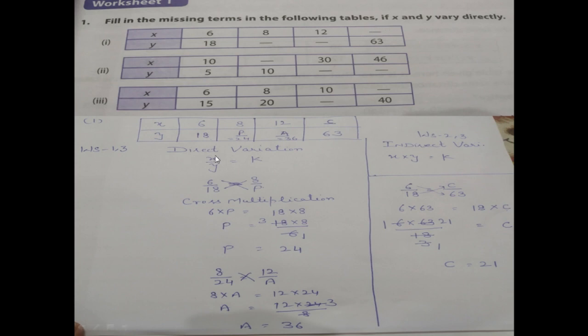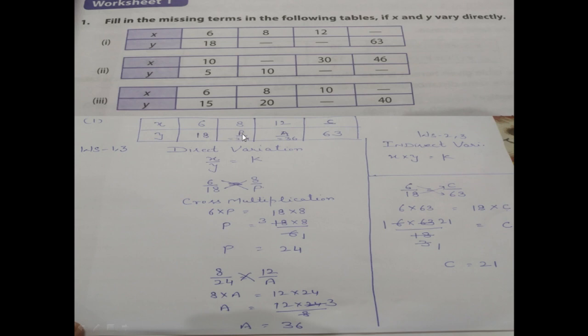Because it is direct variation. How did you come to know? They have given "vary directly" in the question. In a direct variation, what will you do? x over y is equal to k. x over y is this 6 over 18, because you know only these two values here.